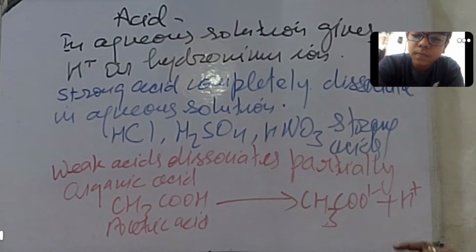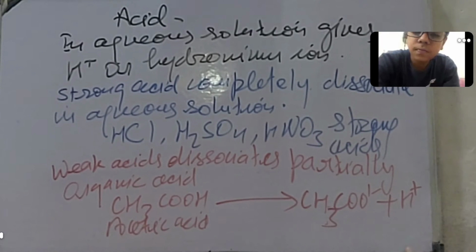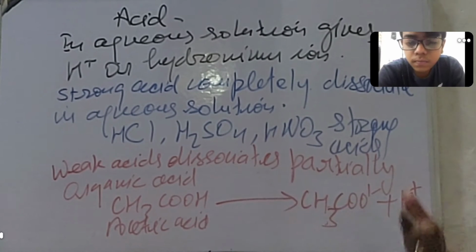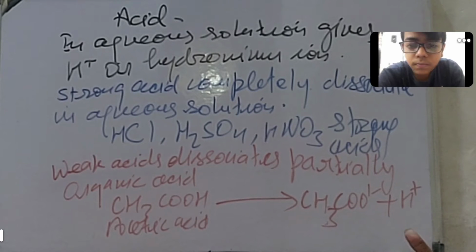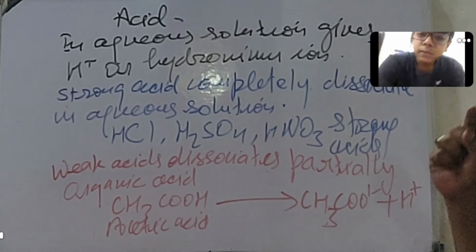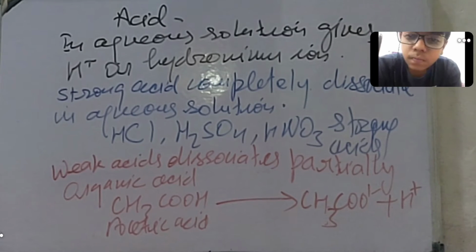Since it has 4 hydrogen atoms but only one comes out, that's why it is a weak acid. And HCl has one hydrogen atom, and that one hydrogen atom comes out, so that's why it is a strong acid, right?